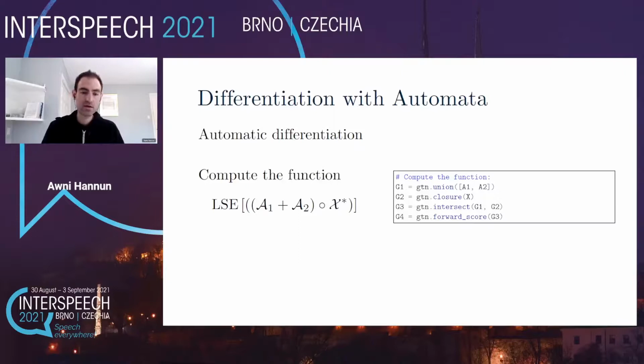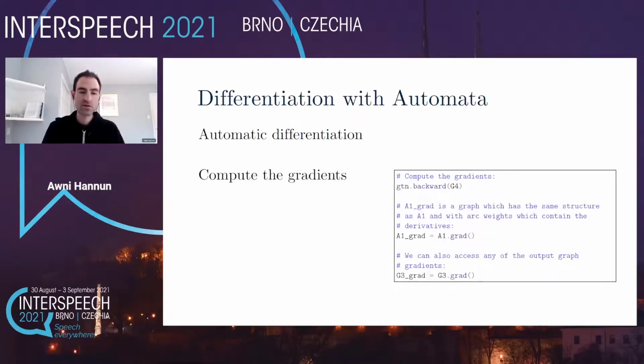And that gives us the output graph G4. And if we want the derivatives, we call backward on the output graph, which does the reverse mode automatic differentiation. And so that will compute the derivatives.